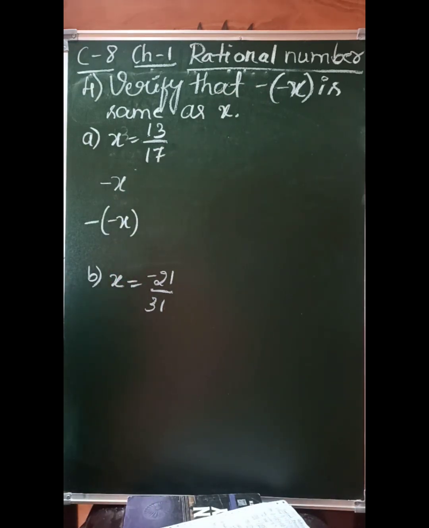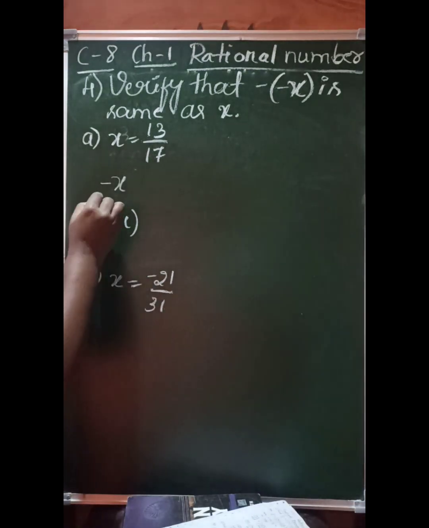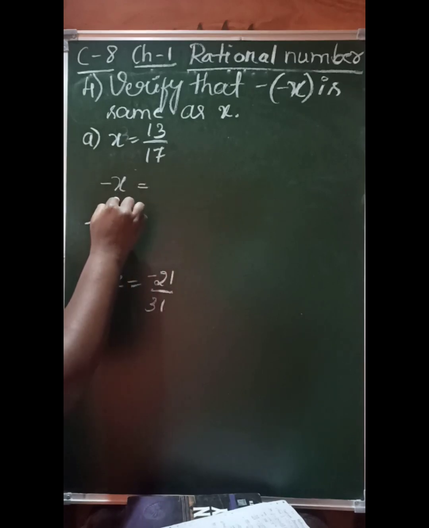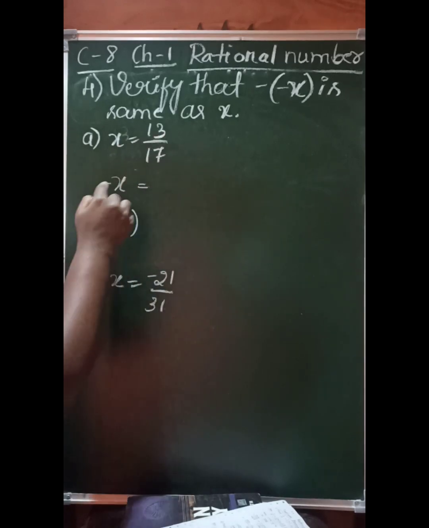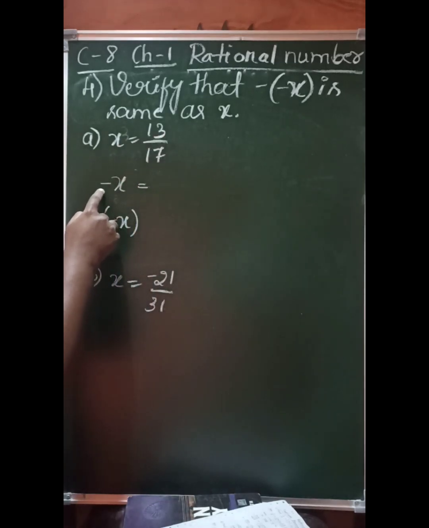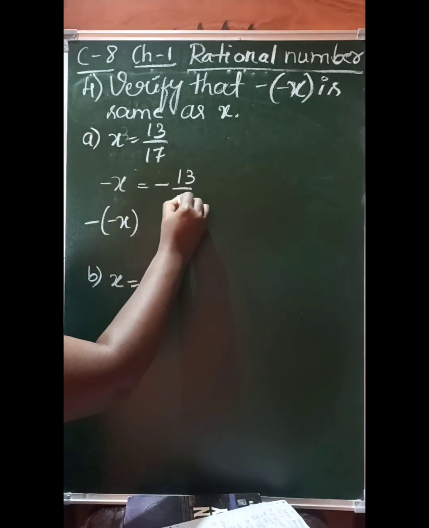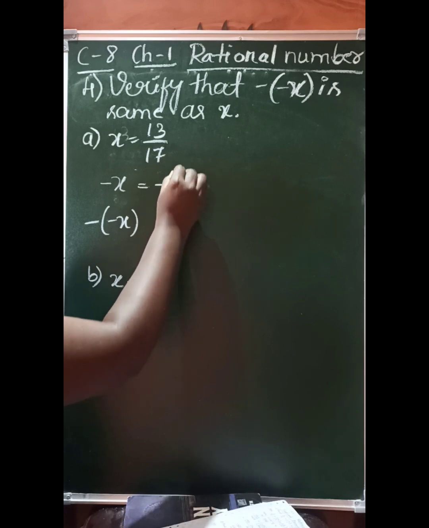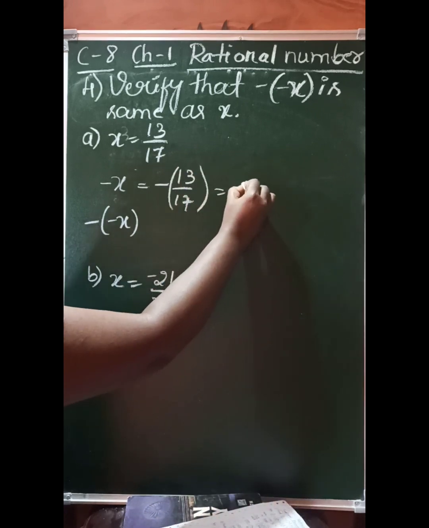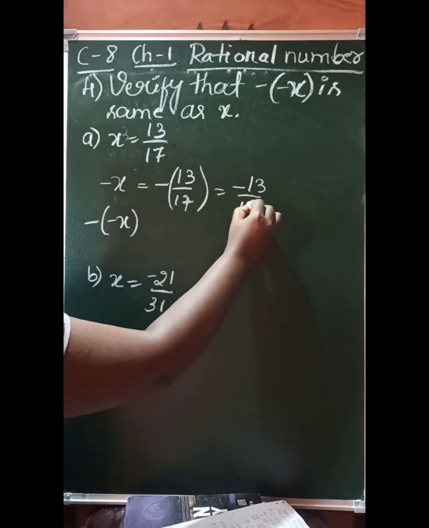So let us consider they already gave x equals 13 by 7. Now multiply minus to x: if x is 13 by 7, when you multiply minus to x, you have to multiply minus to 13 by 7 also. So now the value becomes minus 13 by 7.